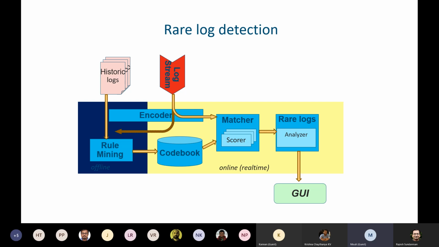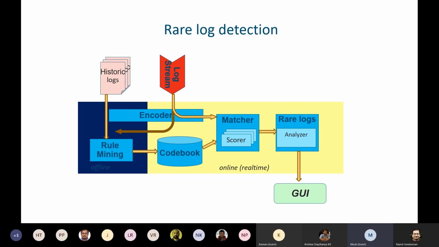So if you follow the left-hand path, let's say I have all the 10 million or 20 million logs from Comcast, or from any network, and I'm going to do the historical analysis, like what I said I'm going to talk about in the next slide. At least I'll give an overview of how we do that.